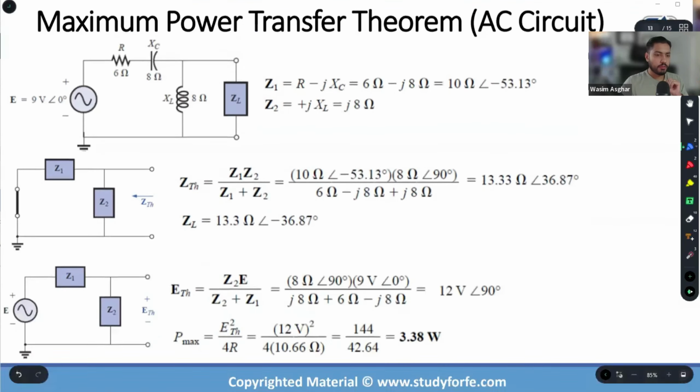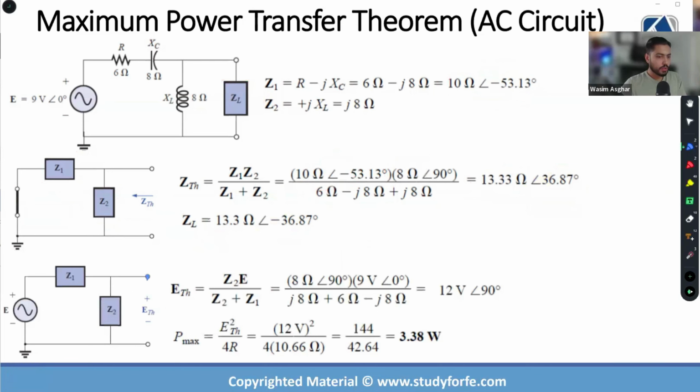Okay. And for V Thevenin, we are again going to work with our terminals. So as you can see, it is very, very obvious that the Thevenin voltage is dropping across the Z2. So I'm going to use the voltage divider formula, while keeping in mind that I'm actually dealing with complex numbers, okay?